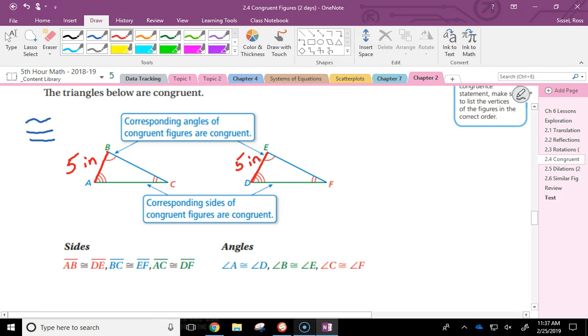They said BC, they put that in blue, is congruent to EF. Now, if I say it is 11 inches on this one, what would EF have to be? It has to be 11 inches.